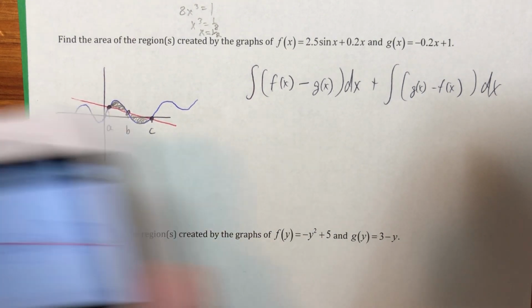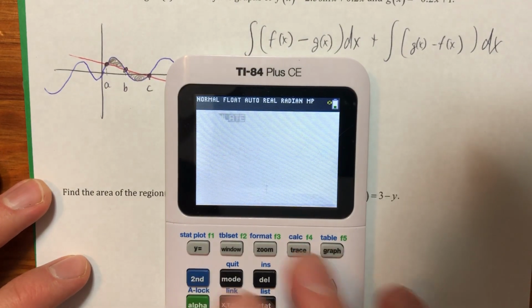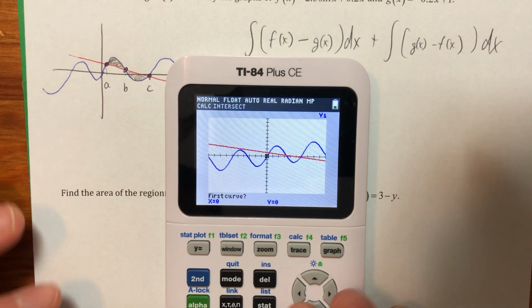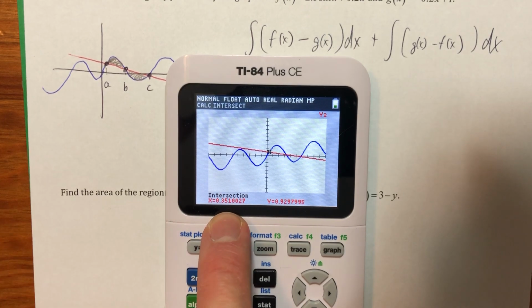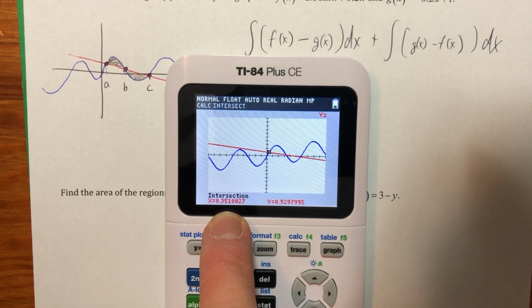Go back to the calculator. We're going to calculate where they intersect: enter on the first curve, enter on the second curve, enter on guess, and it gives me that one right there. And that is currently my X value, 0.351027.